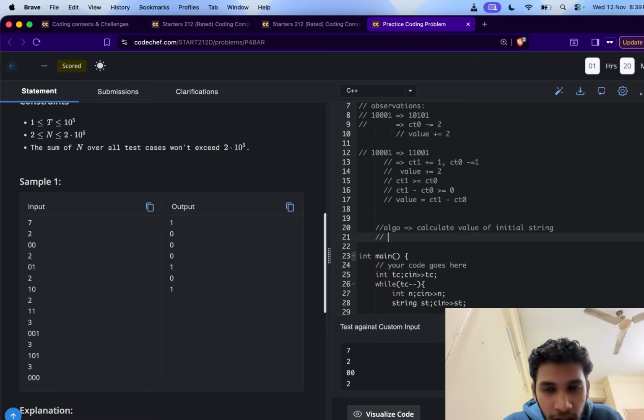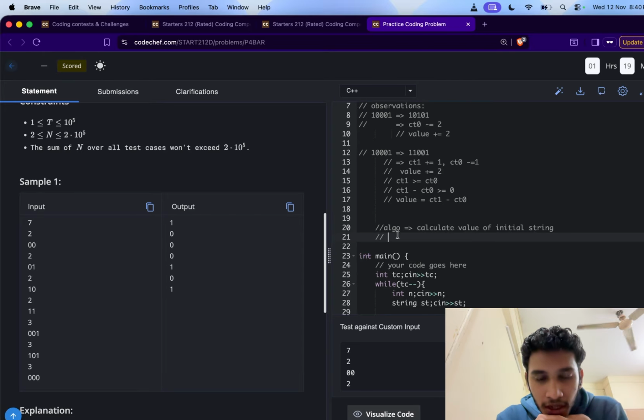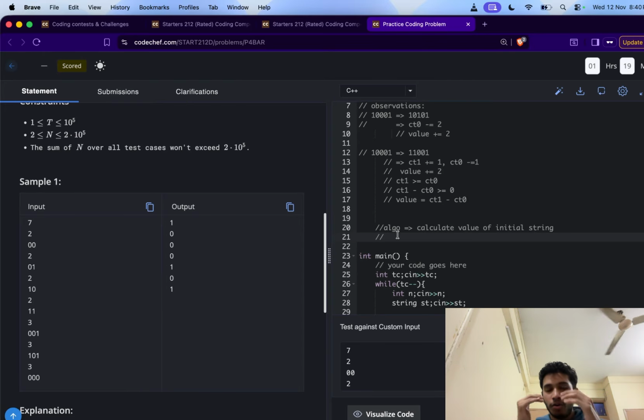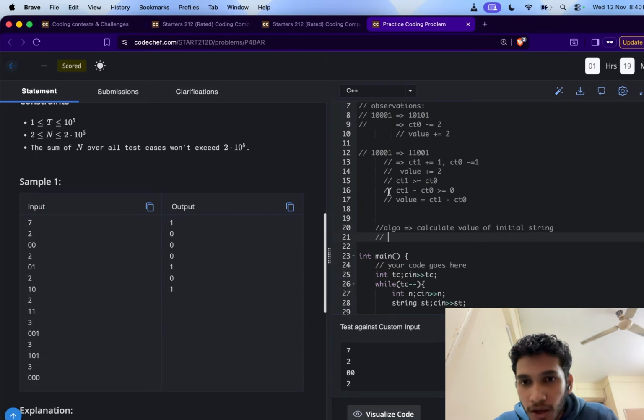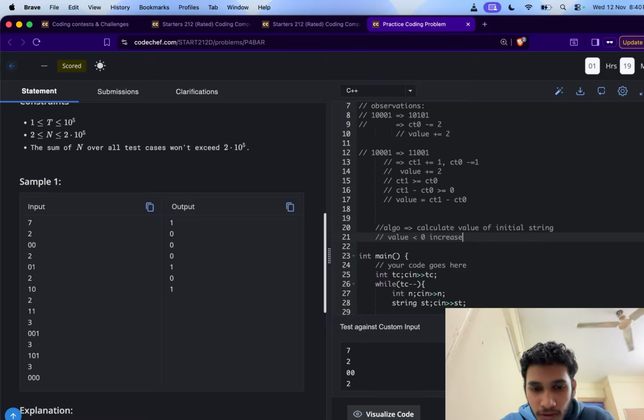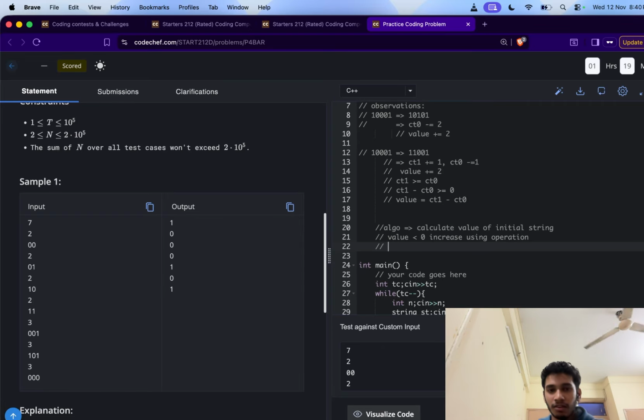If the value is negative, like in this scenario, the value is -1, so what do we need to do? We need to do some operations to make it positive, and in one operation we can increase it by 2. Okay, what happens in one operation? Value plus equals 2. If value is less than 0, increase using operation. Okay, and in one operation it increases by 2.